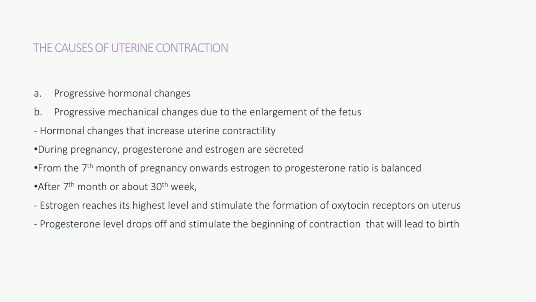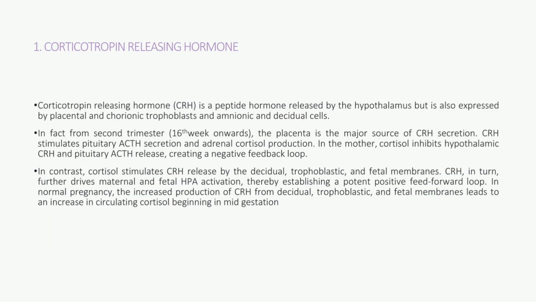From the seventh month of the pregnancy onwards, the estrogen to progesterone ratio is balanced. But after the seventh month, that is about the 30th week, estrogen reaches its highest level and stimulates the formation of oxytocin receptors on the uterus. And progesterone level drops off and stimulates the beginning of contraction that will lead to birth.